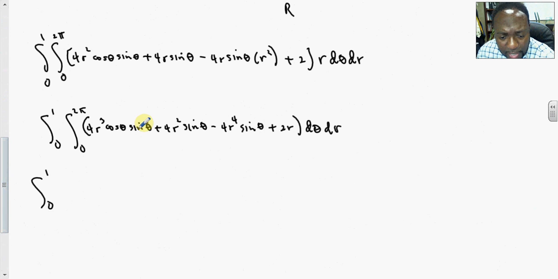Let u equal sine theta, du is cosine theta. So this is 4r to the third, and if u is sine, du is cosine theta d theta, then we integrate that u, we get u squared divided by 2. So I'm just going to write it, that's sine squared theta divided by 2.